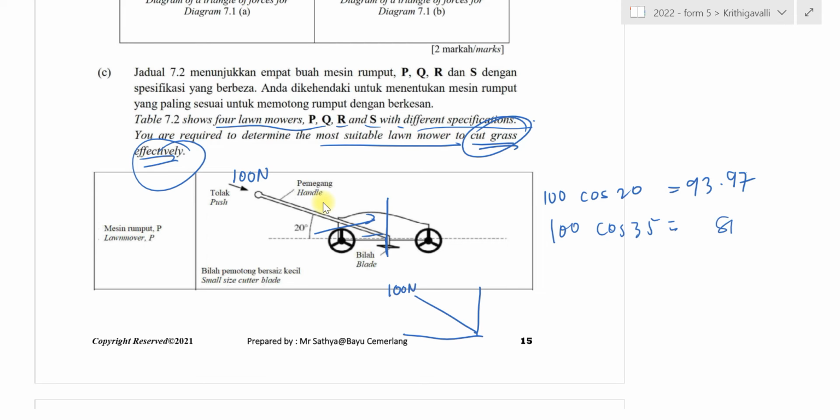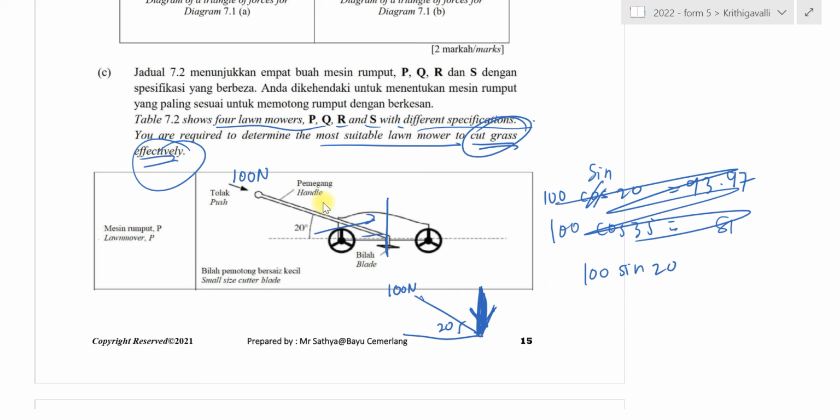This is your 100 Newton. This is your 20, but we are trying to get the downward force this way, right? So it should be 100 sine 20 and 100 sine 35. Let's compare this value. We should not take the horizontal, pardon me. 100 sine 20 is 34.20. 100 sine 35 is 57.36.